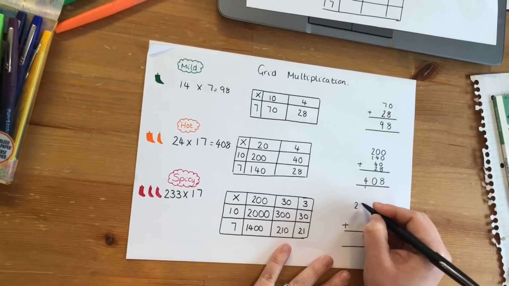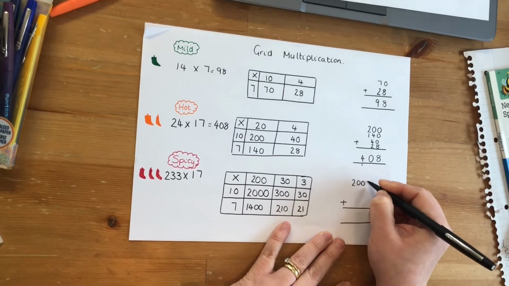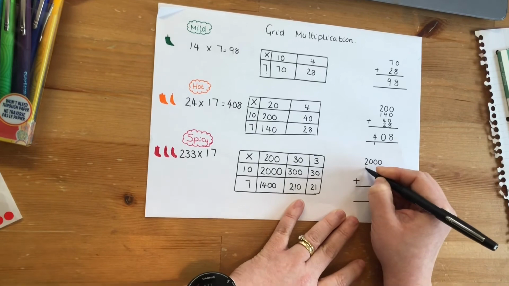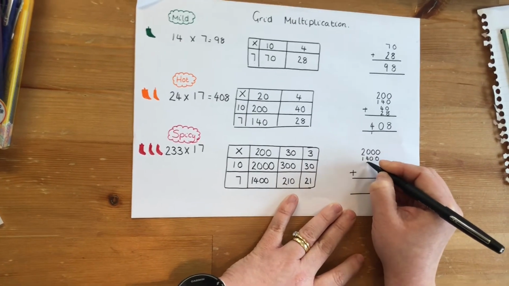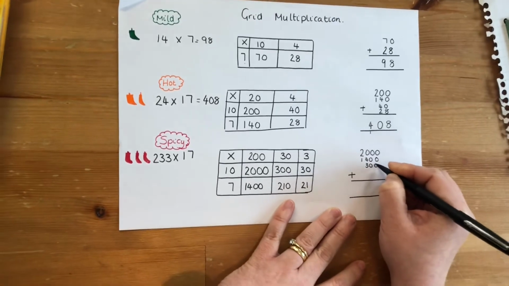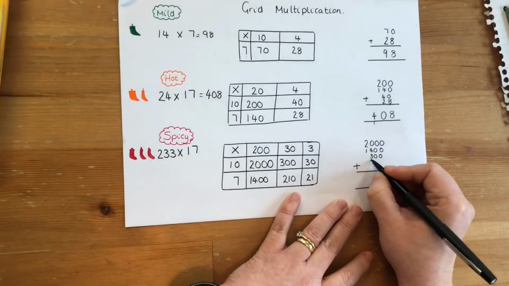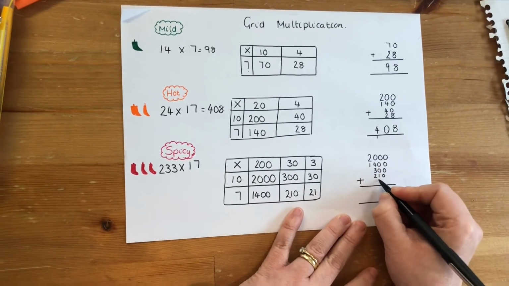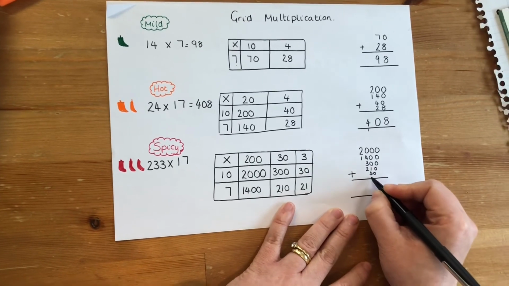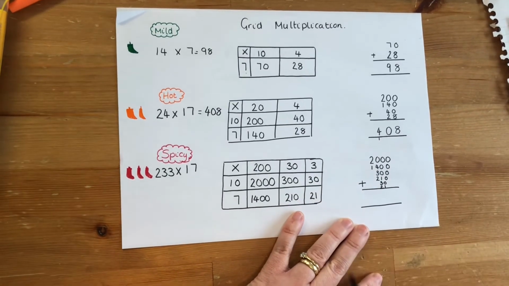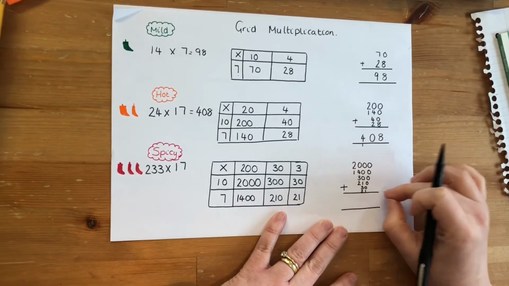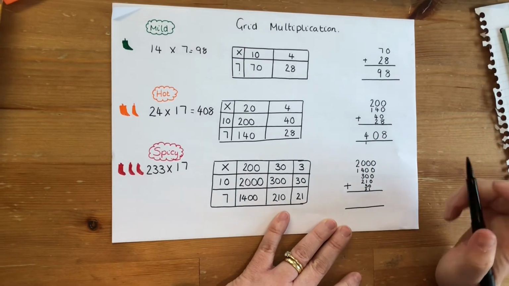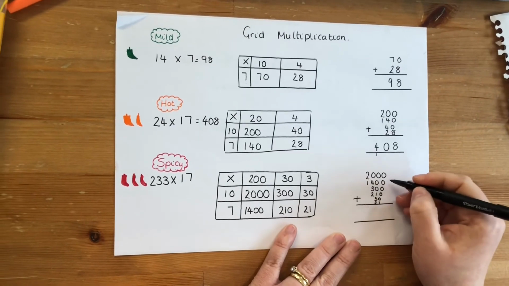So we have 2,000, 1,400, 300, 210, 30 and 21. Now when you're doing this, make sure you've got lots of room and you don't have to scoosh your little one in at the bottom. So let's add them together.